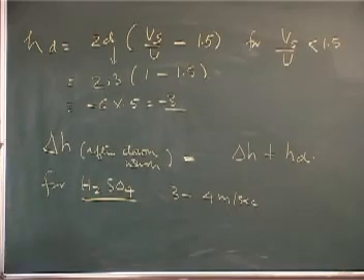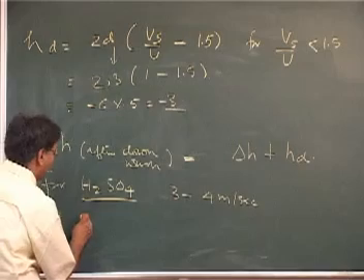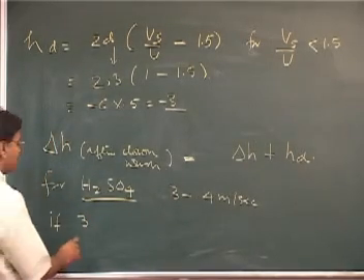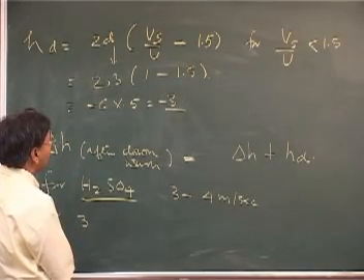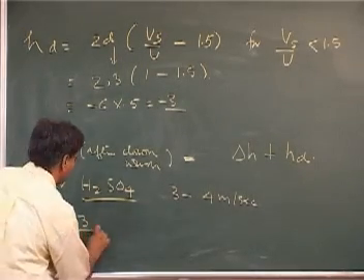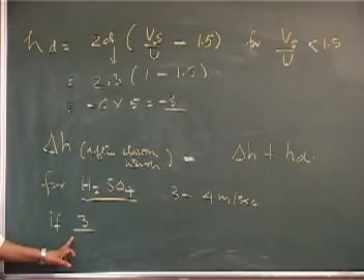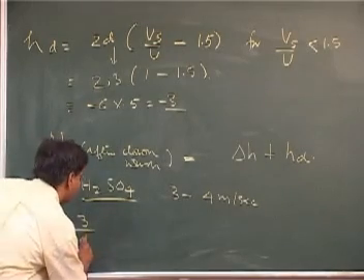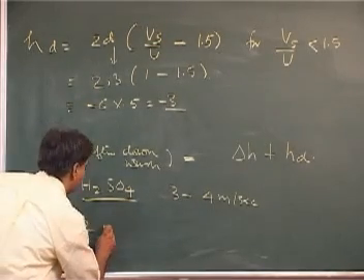If on some day the horizontal wind speed is very high, or suppose the horizontal wind speed was also 3 meters per second, or maybe even more, you can encounter 4 meters per second.